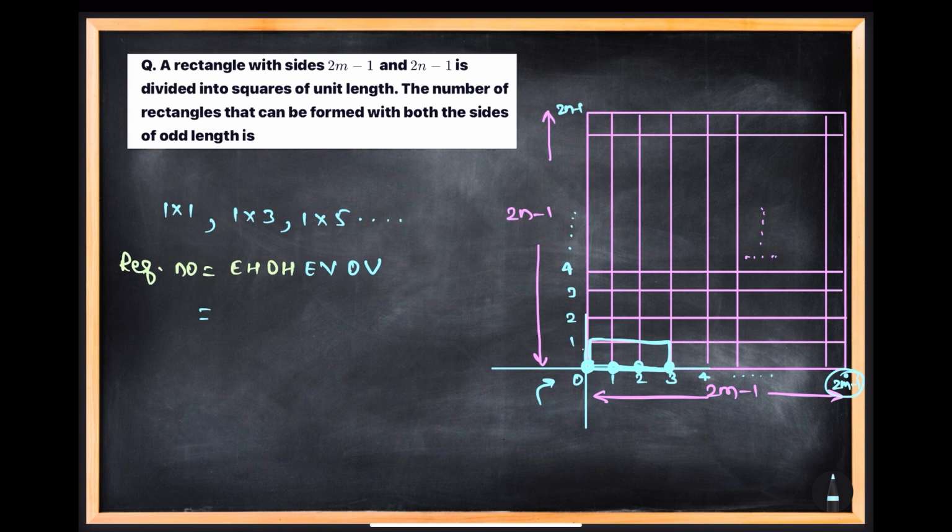So if I go horizontally 3 boxes, means 3 units, I have to take 4 lines, 4 points. If I talk about 4 boxes, 4 units, then 1, 2, 3, 4, 5 lines. So if the length is 2m minus 1, don't you think that 2m will be the number of lines? Okay, and similarly we will have 2n lines in vertical form.